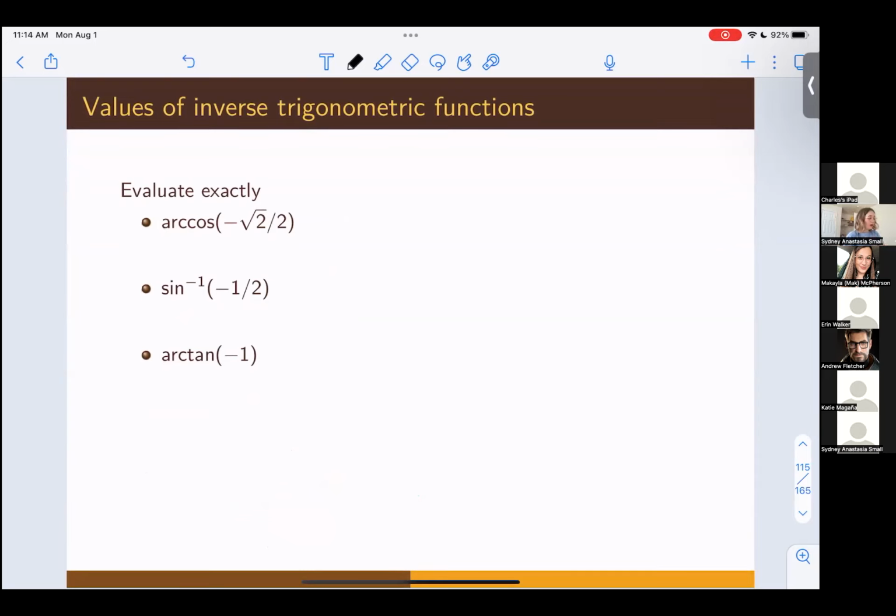So let's think about the first one, arctangent of tangent of -π/4. The answer to this one is just -π/4. Why is that? Well, -π/4 is an angle that is in the range of -π/2 to π/2. It is in the range of the inverse function, i.e. it is within the restricted domain of the input functions.